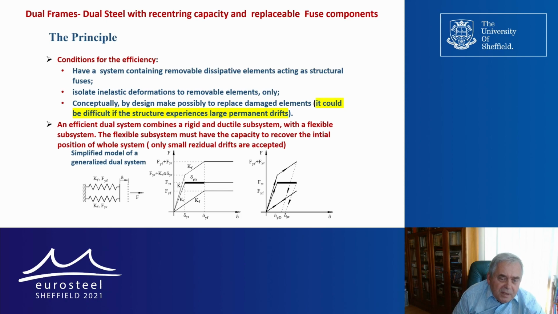So the rigid one starts to develop plastic deformation. If there are braces, it will be in the braces, while the flexible one remains elastic at the accepted level of the plastic deformation in the rigid subsystem. This is the compound behavior of the dual system.